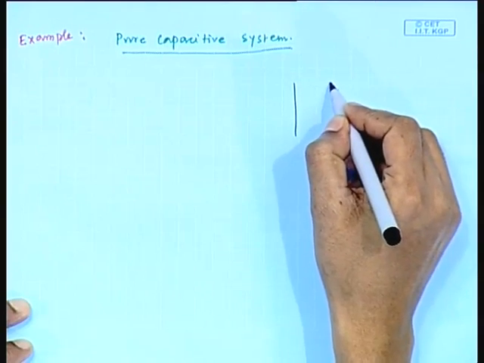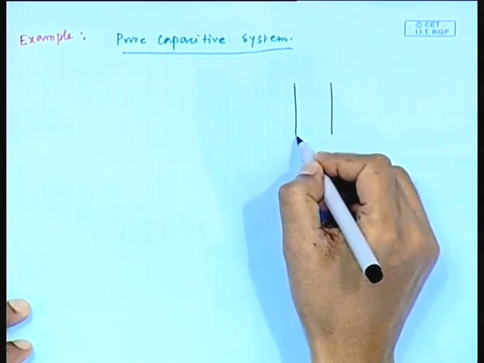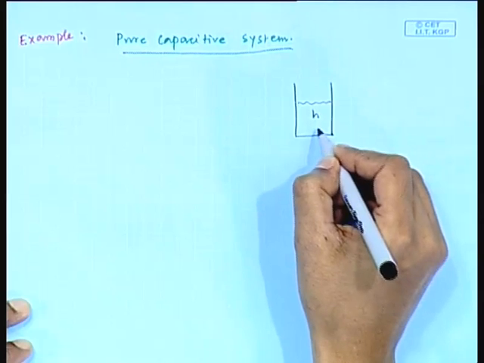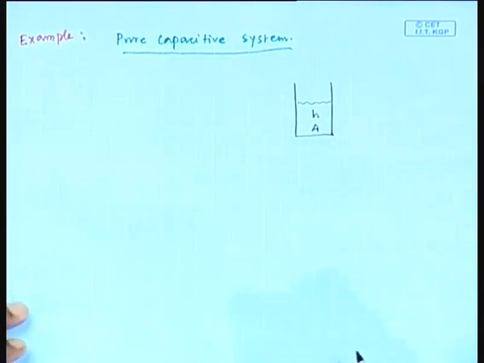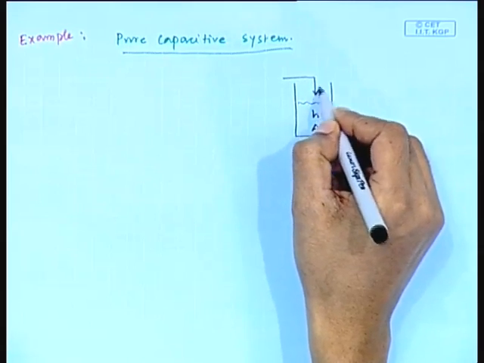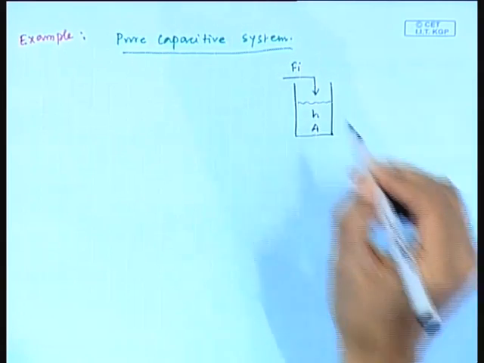So, this is a liquid tank system, height is h, area is A. Inlet flow rate is Fi.